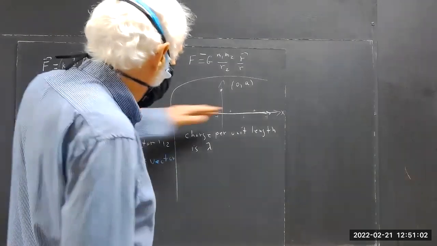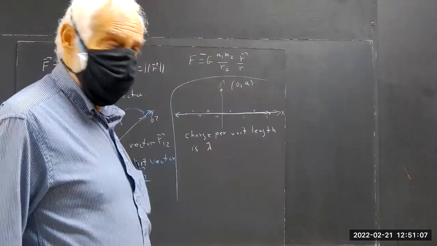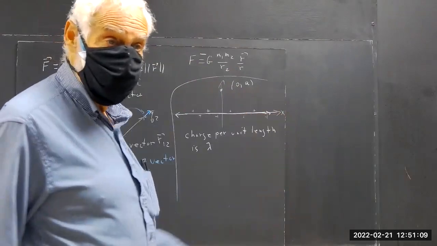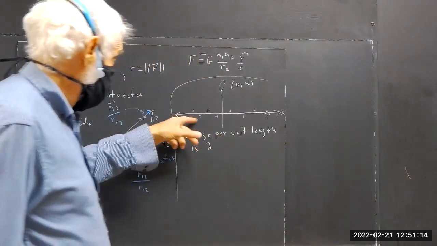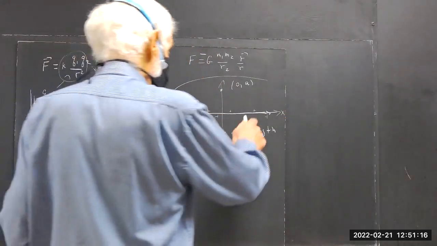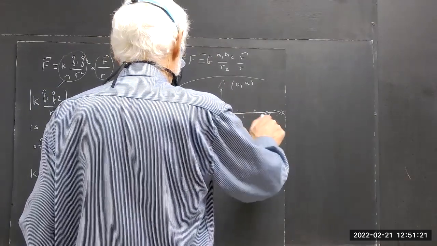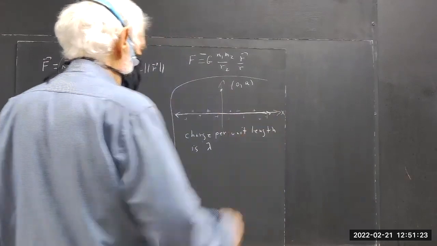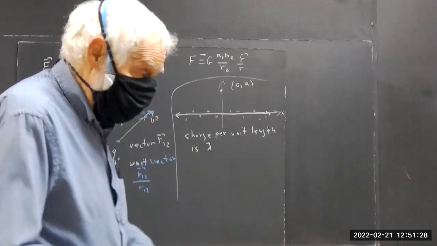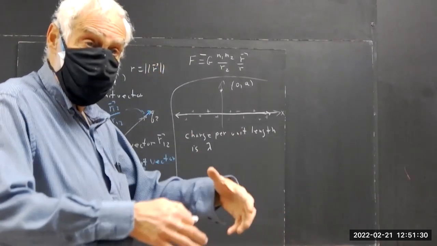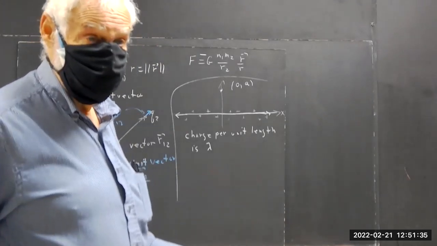Okay. X-axis, y-axis. Charge distributed along the x-axis. I've got positives there, but it could be negative charge because I'm going to do this in symbols anyway. What I'm doing doesn't depend on the sign of the charge. But it's a uniform charge density, okay? Or charge per unit length. You can also do this with a disk of charge. We have a charge per unit area, and we will.